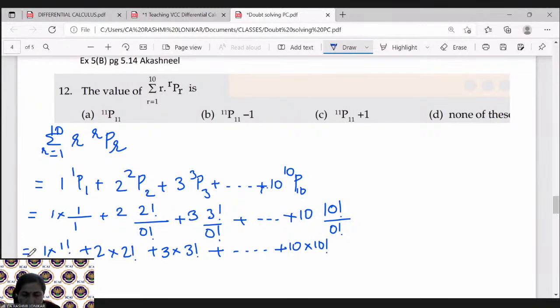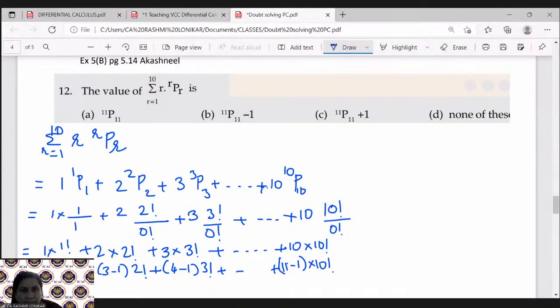Now here what I can write is 1 as 2 minus 1 into 1 factorial. 2 I can write as 3 minus 1 into 2 factorial. 3 I can write as 4 minus 1 into 3 factorial and so on. And 10 I can write as 11 minus 1 into 10 factorial. Okay, this is the most important step.